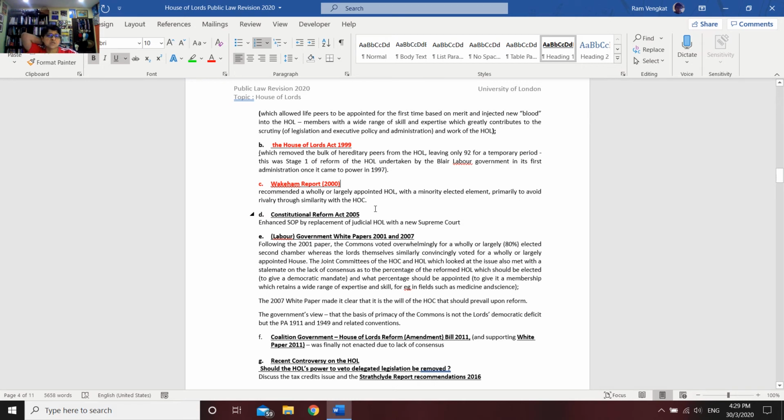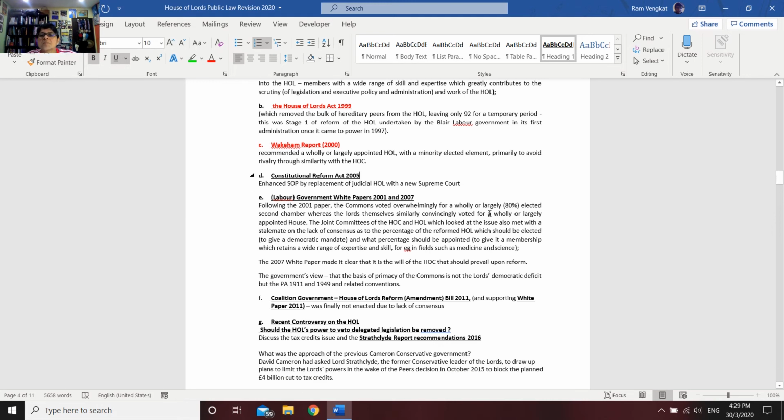And the Wakeham Commission looked at stage 2 of House of Lords reform, and they reported in 2000 and recommended a wholly or largely appointed House of Lords, if you look there. A wholly or largely appointed House of Lords with a minority elected element. So that means that what they said was you can have part of it elected, but that should be the minority. The majority keep it appointed. That's what the Wakeham Commission said.